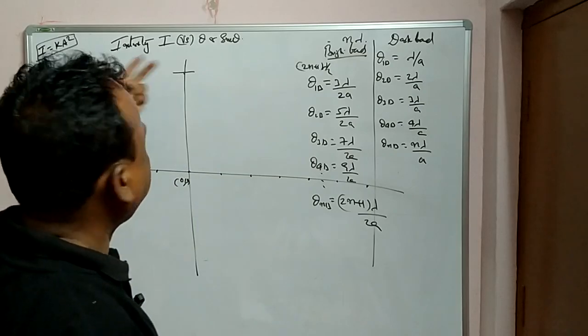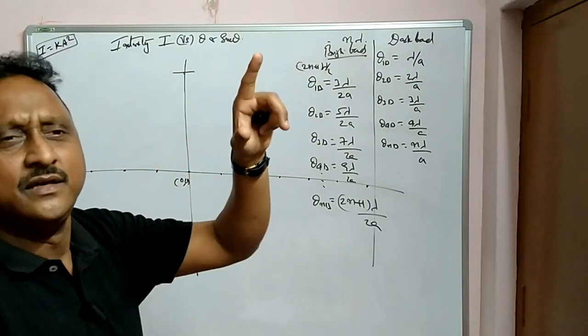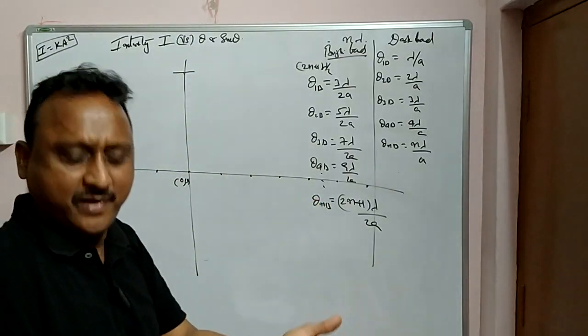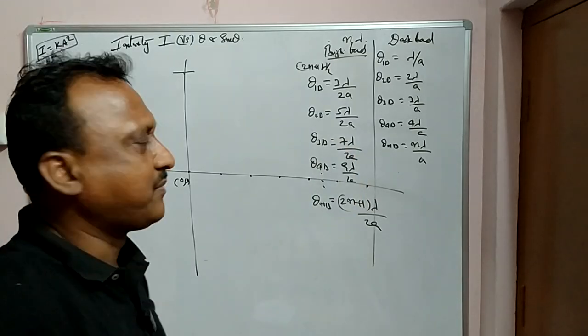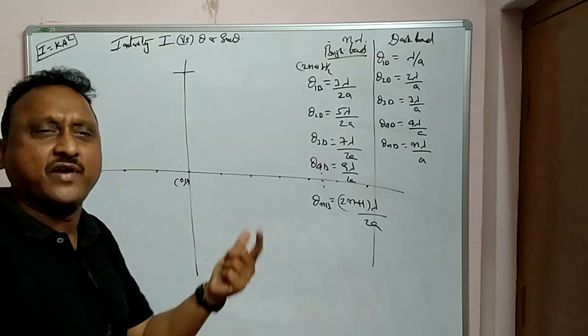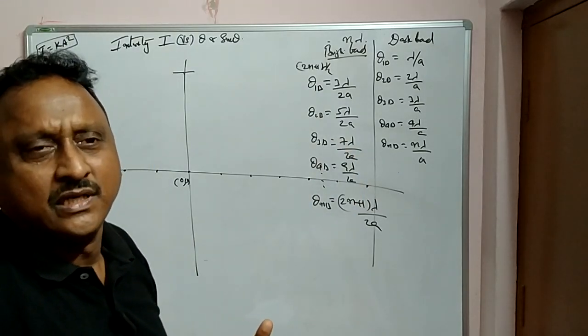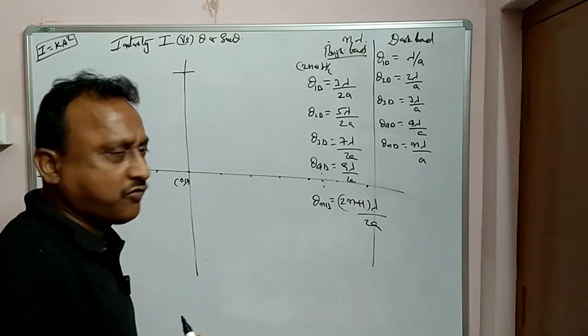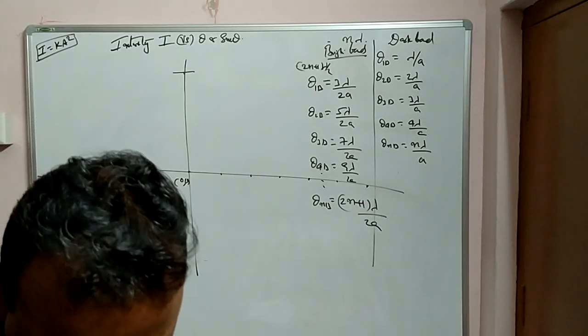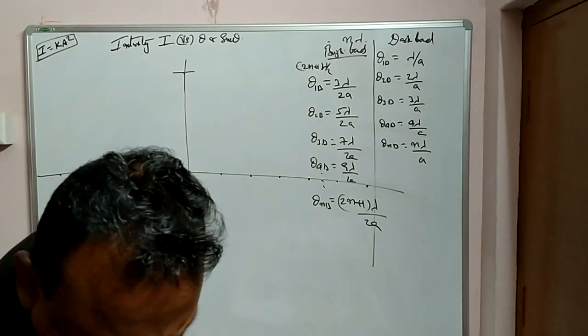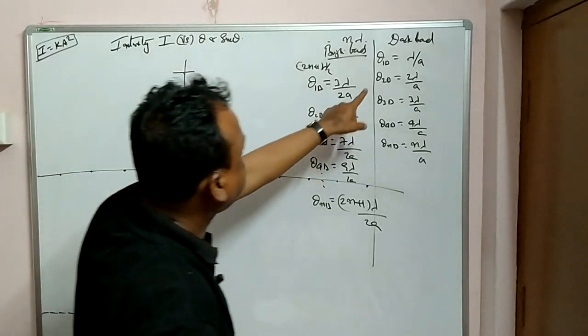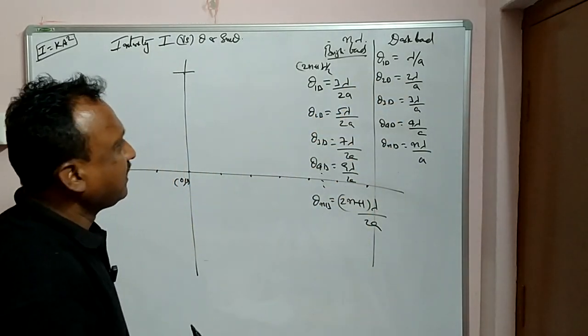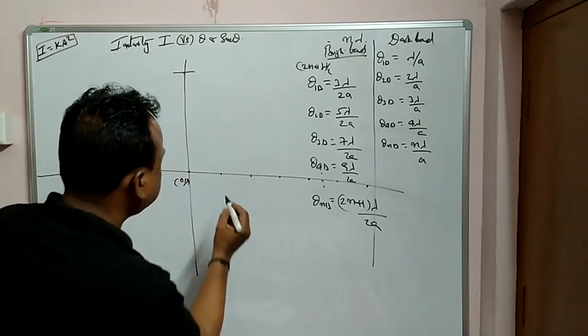Okay, because I have already given a formula for you, 4I cos square phi by 2, even in the light chapter, this chapter, and also in the sound chapter. 4I into cos square phi by 2. When phi is equal to 0 degrees, cos 0 is equal to 1, it is equal to 4I. So if you draw a graph here, we'll see what happens. Look at the value from earlier: where did the first dark come? Lambda by a, the first dark.